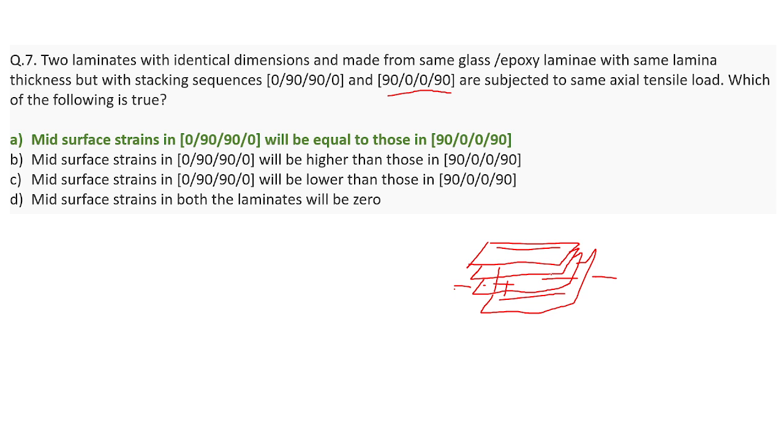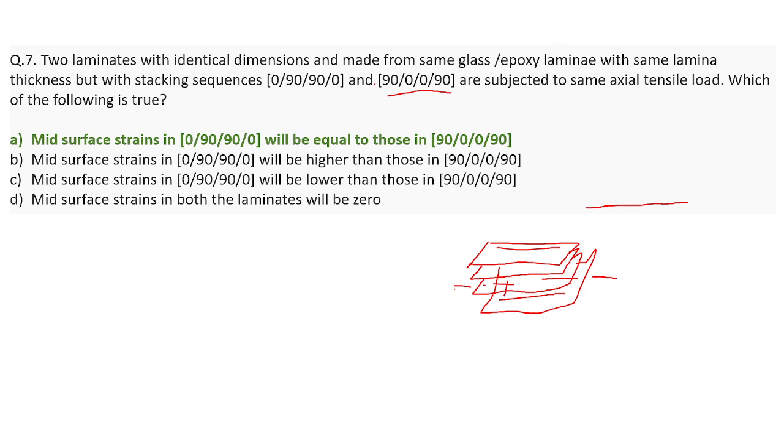So if we combine it, we can see that above the mid surface there is a stacking of 0, 90 or 90, 0 and below is also 0, 90 or 90, 0. Combining both, the strains of the 0 and 90 will be similar to those of the other one, which is 90 and 0. They are just opposite in order, but combined they will have equal strain.